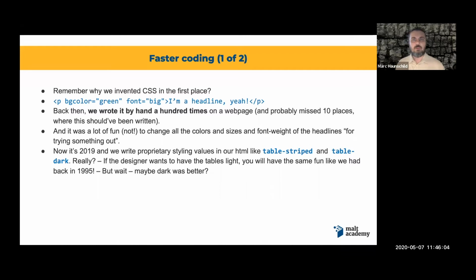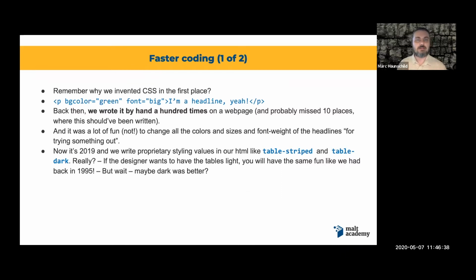So this is a little bit of going back to the roots, because this is HTML which you should not write anymore, because this is from the early days of the web. When we did not have CSS, you were writing something like big color into the HTML. If you wanted to have a green background and a big font, actually, I'm not even sure if this was right because I was not writing this for a really long time.